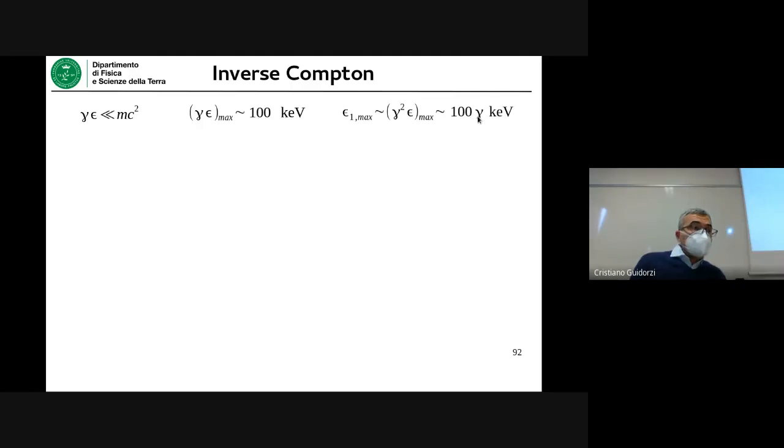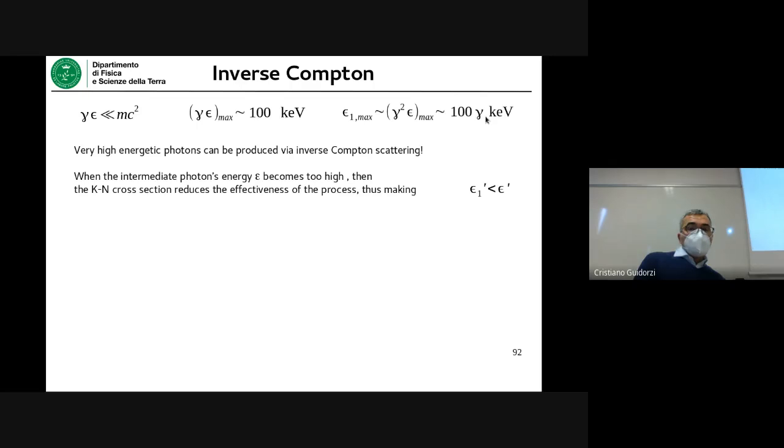You see that gamma can be orders of magnitude. So in the end, you can end up with inverse Compton final photon energies which can be extremely large, because you have 0.1 MeV times gamma. So the final energy of the photon can be really, really high.